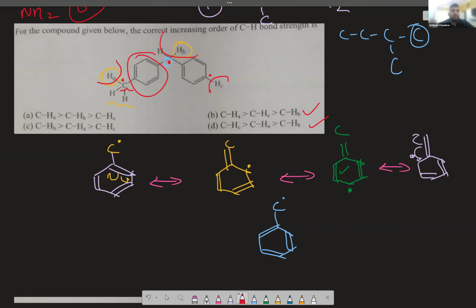It's not a very stable product that is formed here, which means that the removal of C is going to be the most difficult one, which means that the hydrogen C carbon is going to be the strongest. Then you have your hydrogen A carbon, and then you have your hydrogen B carbon, which will be the easiest to remove because that will give you the most stable free radical intermediate, right? So, what is our correct answer? It's going to be option D, right?